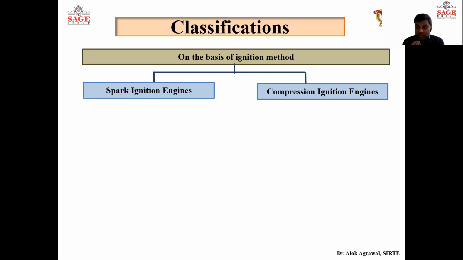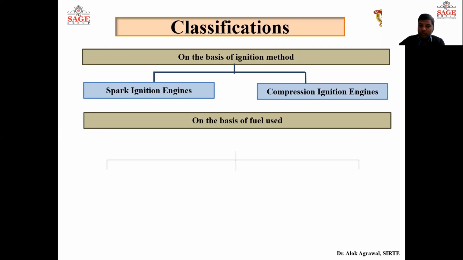We initiate the combustion by compressing the charge to a very low volume, so that its temperature will rise and self ignition will take place. So this is called compression ignition engine. We compress the charge, its volume decreases, its temperature increases and reaches its self ignition temperature, and the fuel will burn like that only.